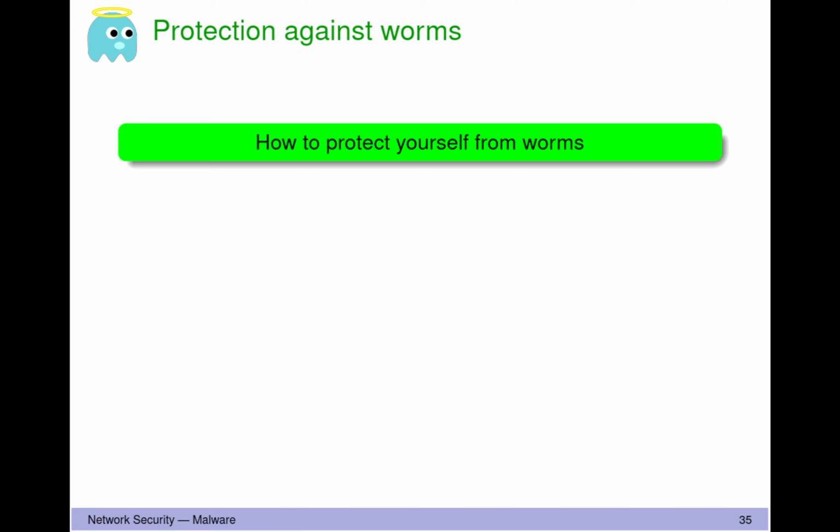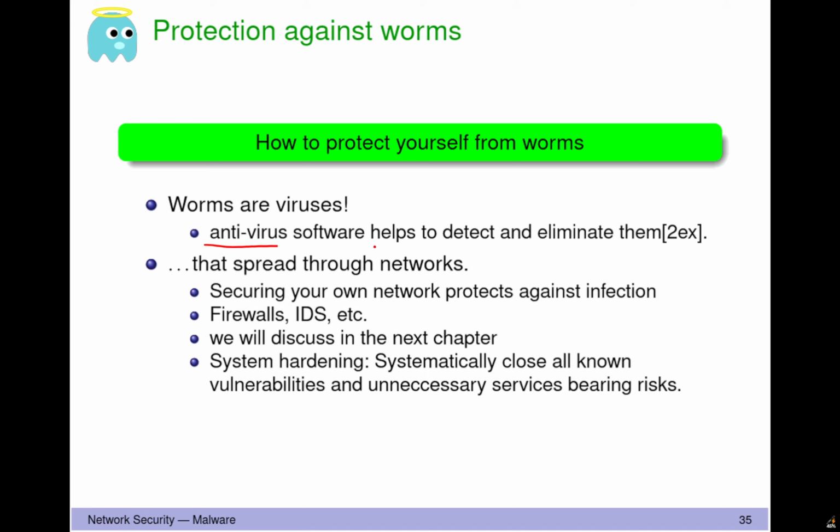On the other side, it's still a virus somehow. It's a subset of viruses. They are still self-replicating, but they're using the network for it. So you could as well look for some kind of signatures, some kind of instruction patterns. That would be one option.